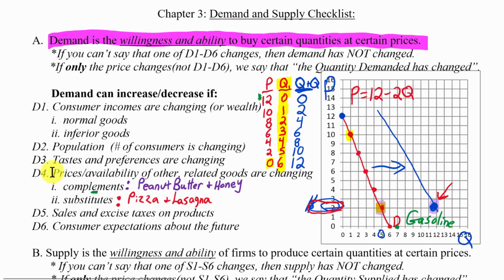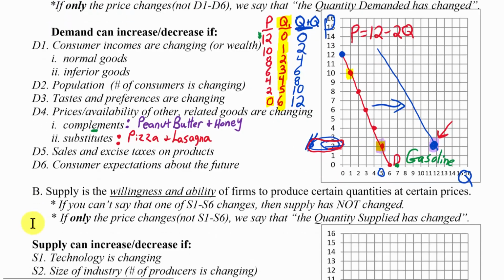The prices or availability of other related goods like complements or substitutes has changed. Somebody has put a sales or excise tax on a product or removed a tax on a product, or consumer expectations about the future have changed. For example, if you think your income might go up soon, or if you think the price might change in a few days, that will change your willingness and ability to buy different quantities right now, right?